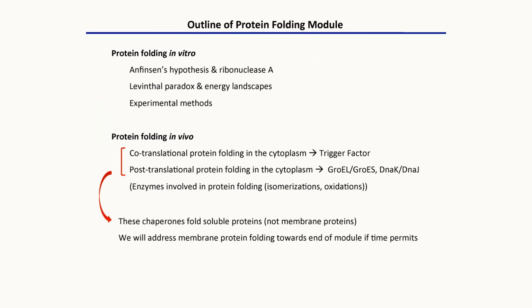And then in terms of machines, we'll think about largely post-translational protein folding in the cytoplasm, so GroEL, GroES, DnaK and J. We'll also talk about a protein called trigger factor that associates with the ribosome and those nascent polypeptide chains. Okay? So these machineries fold soluble proteins, not membrane proteins.